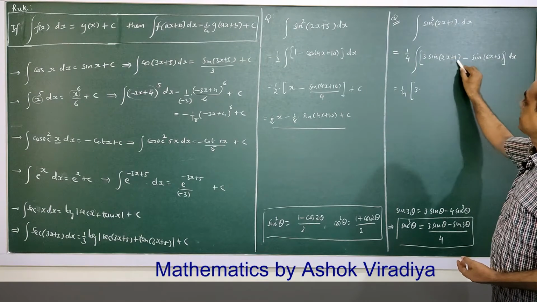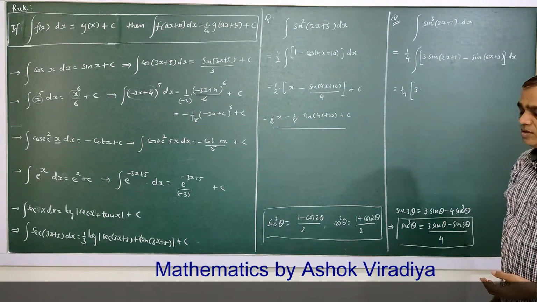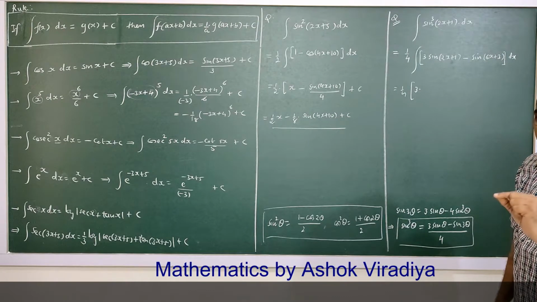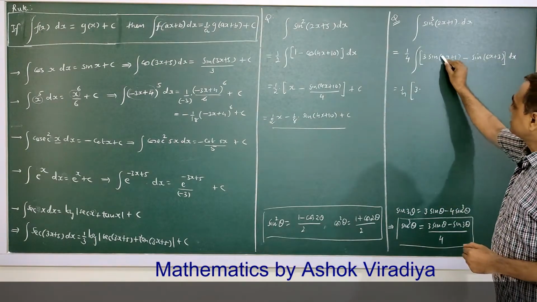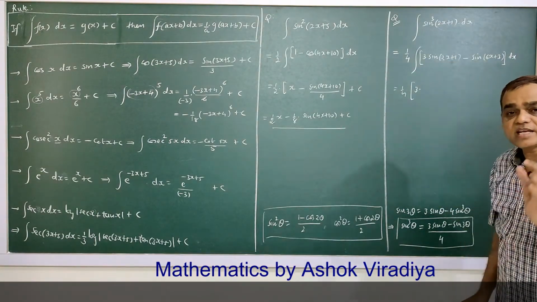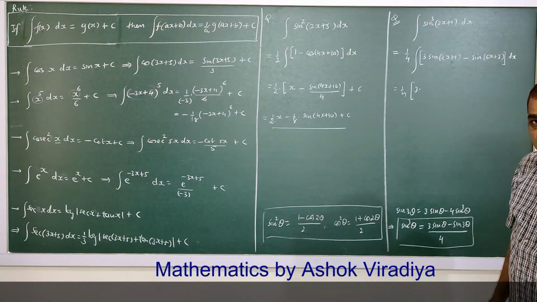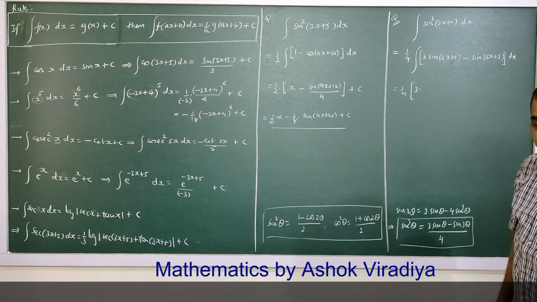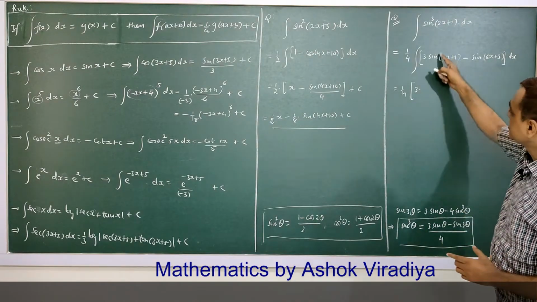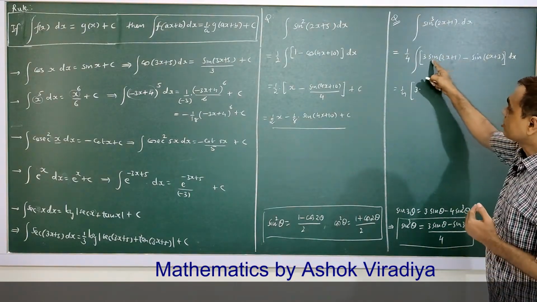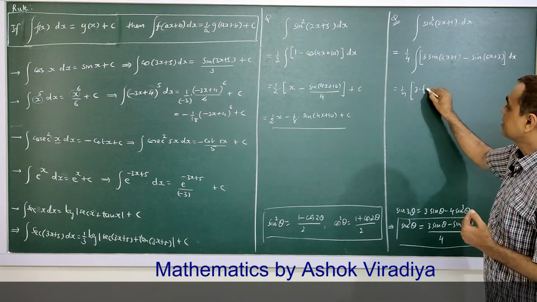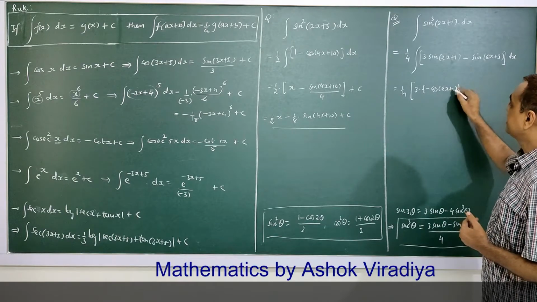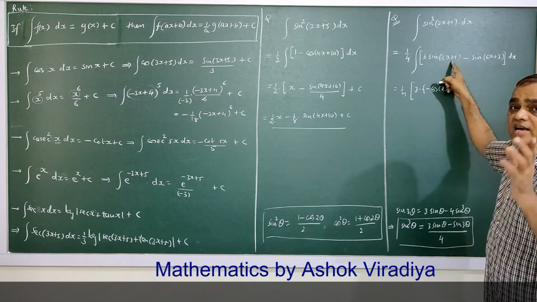Integral of sine. Now look, we know that the integral of sine is minus cos, but this is not x, it is ax plus b. So we apply the same formula, replacing x by ax plus b. Supposing this number as x, the integral of sin x is minus cos x, but it is not x, it is ax plus b.